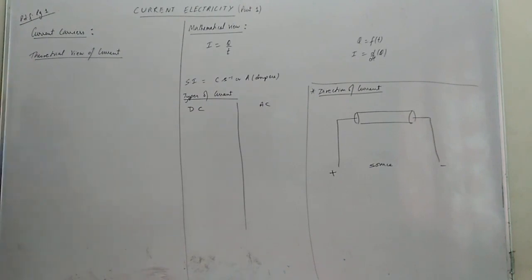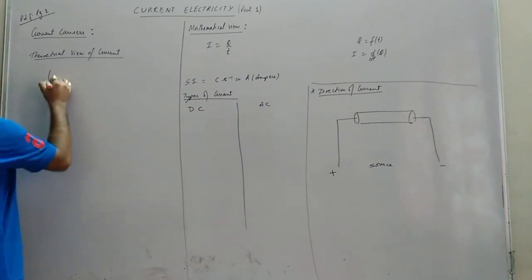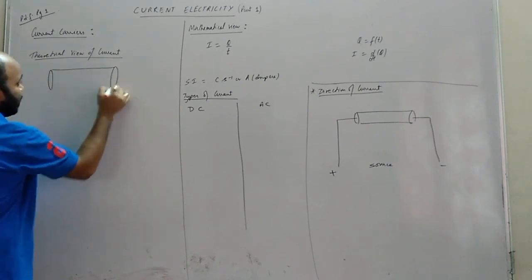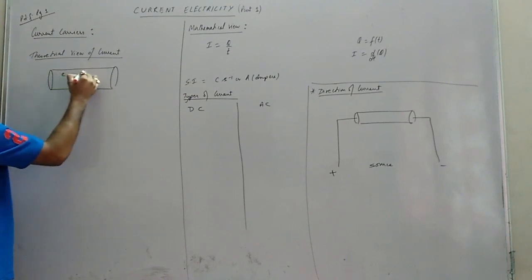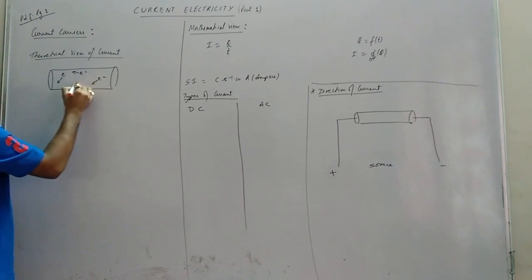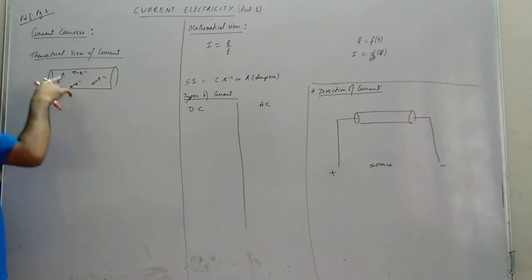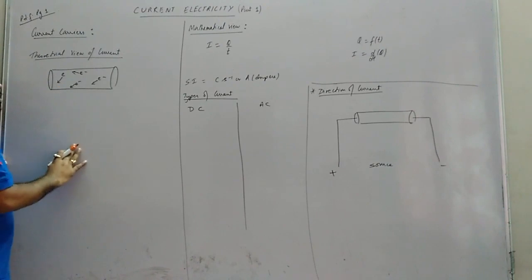Now, if we take any conductor, for example, this is a conductor. Inside any conductor, the electrons are moving randomly with some thermal velocities. Moving randomly means all in different directions. Now what are thermal velocities?